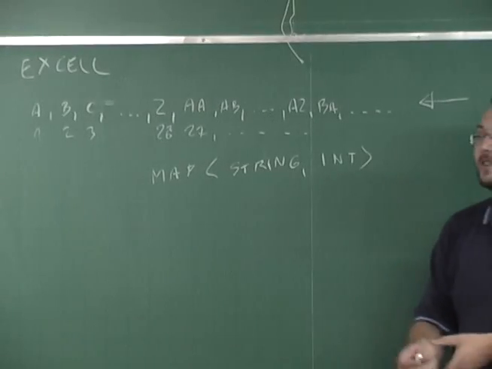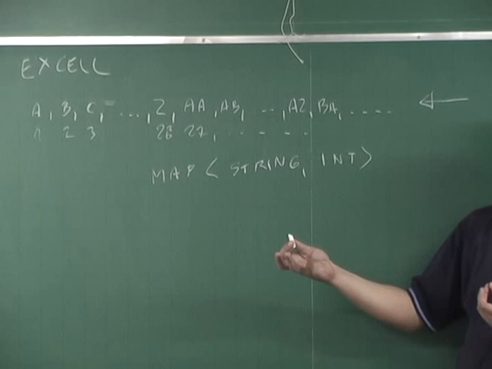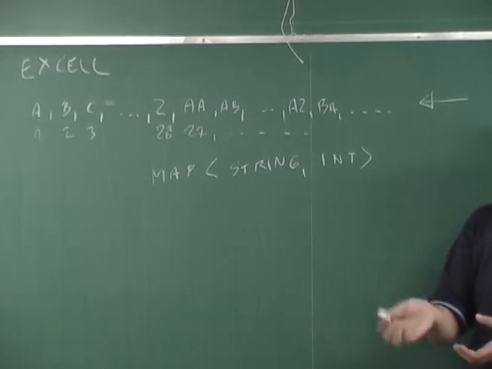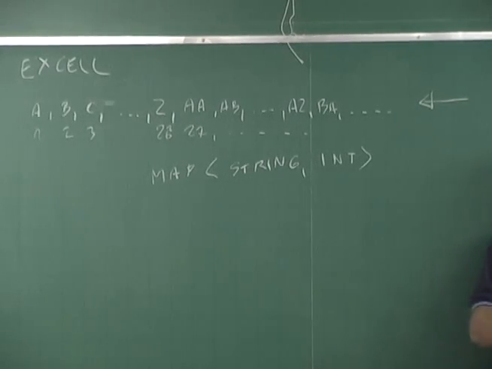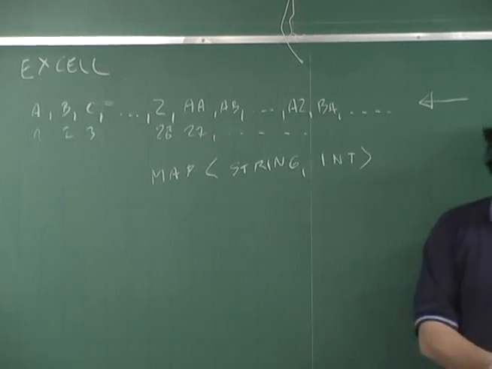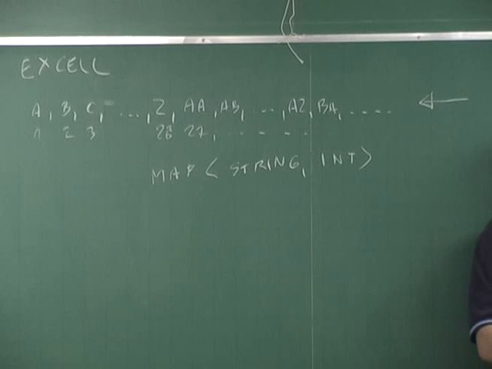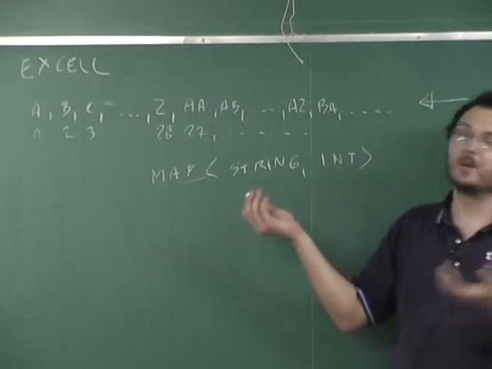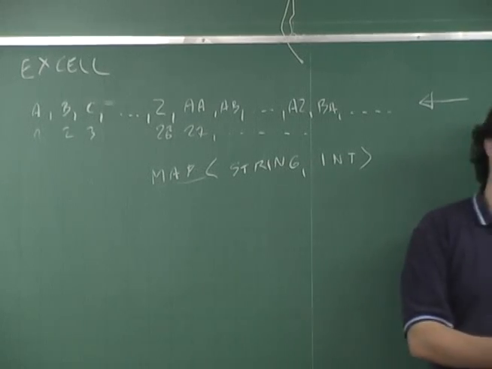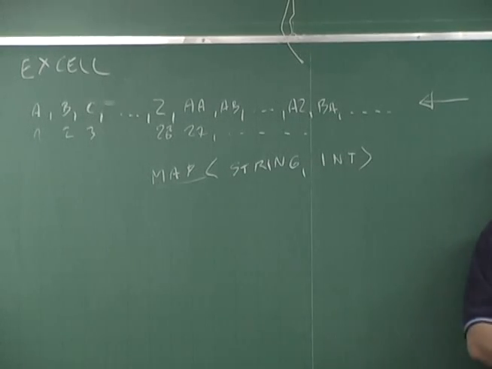If you can think of such ways to make your life easier and to be sure you will avoid plus minus ones mistakes, then this is something worth doing, especially in the World Finals where the time limits, for example, don't matter so much. So even if you use a map in a problem, you should probably be all right. The logarithmic factor shouldn't impact you as much. Or even, if you are sure that the test data is small, then you can always do this.